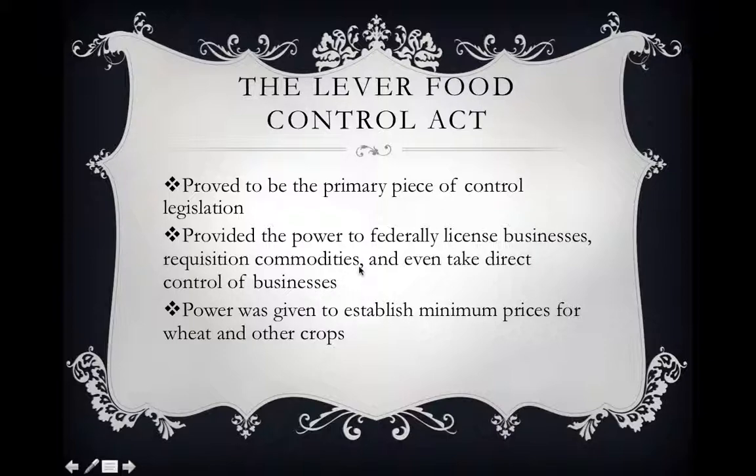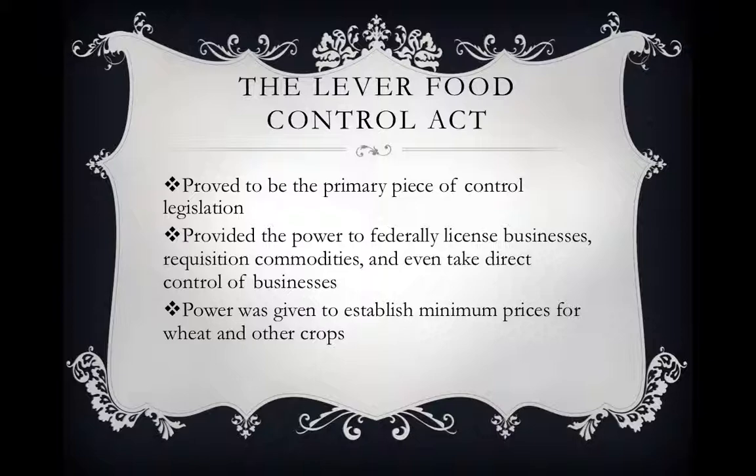Instead of letting the free market determine where goods are going to flow to, the government could just step in and say, no, we're taking those things and we're paying you X amount. So requisitioning, for example, as the draft is requisitioning labor, the government can also engage in requisitioning commodities, food, steel, etc. And also the Lever Food Control Act allowed for the direct control of business.